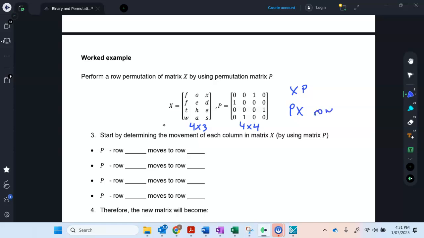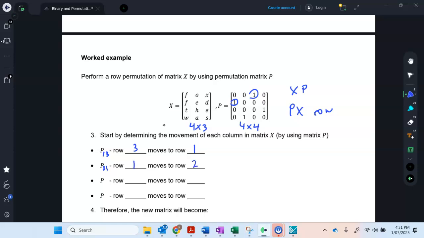All right, so let's fill in all our elements. This one is in row 1, column 3, so row 3 moves to row 1. Then our next one is in row 2, column 1. So it goes from row 1 to row 2.